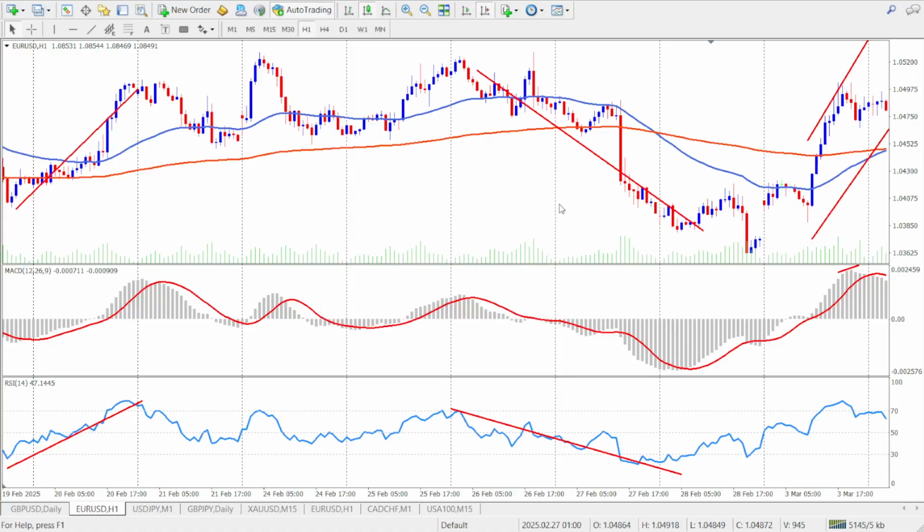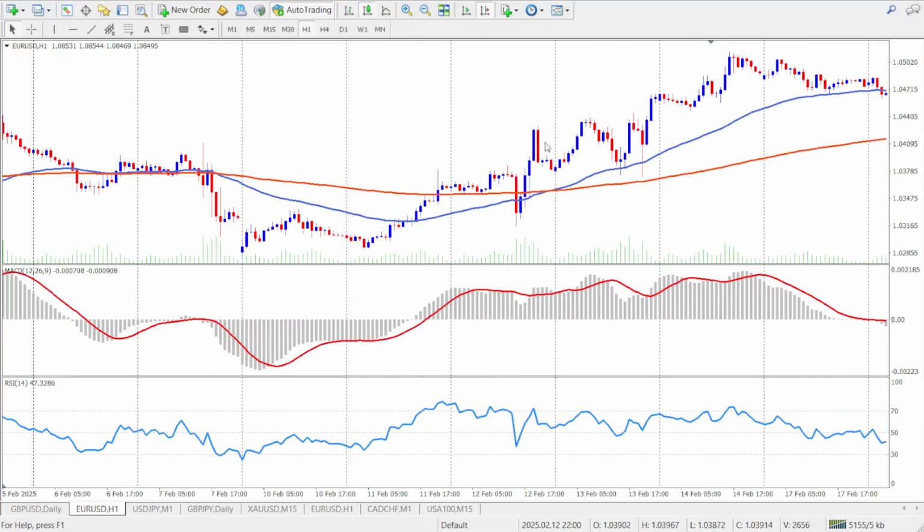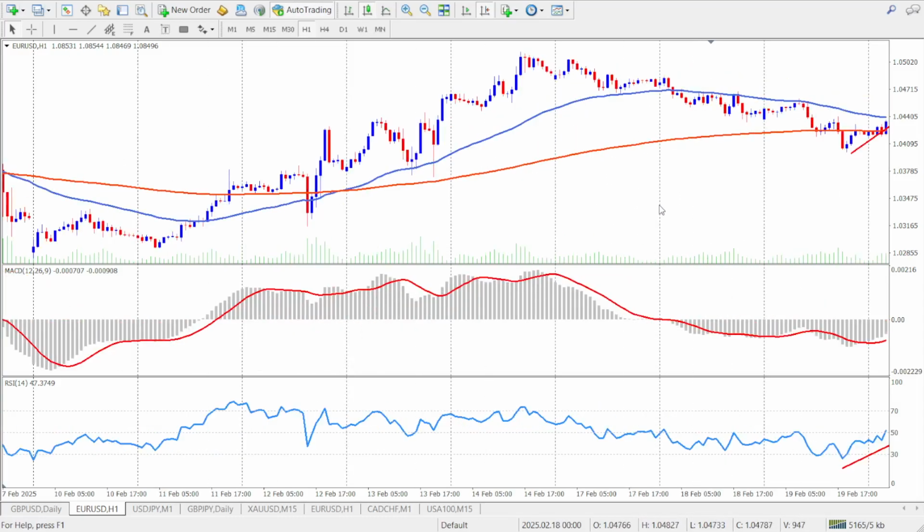When you have price staying above an upward sloping 50 EMA and 200 EMA, or you can even decide to use just one of the moving averages, depending on your trading style, when you have price trading above the moving averages, it signals strong convergence.